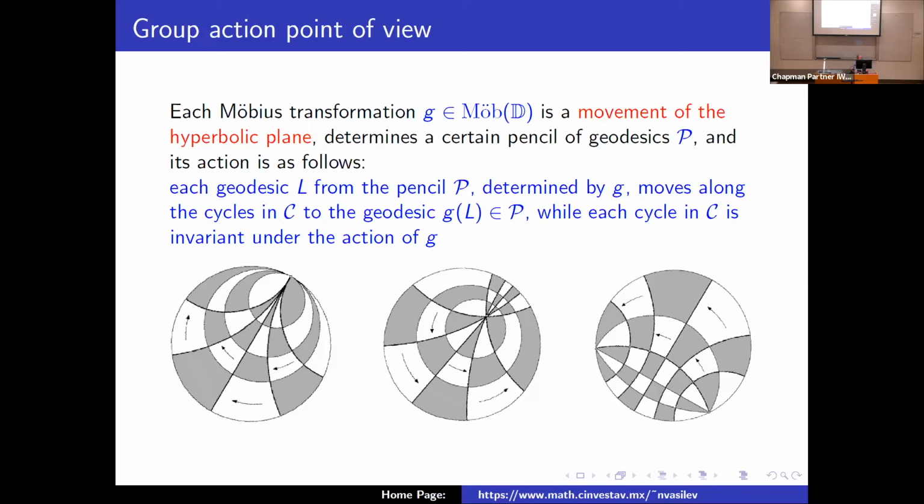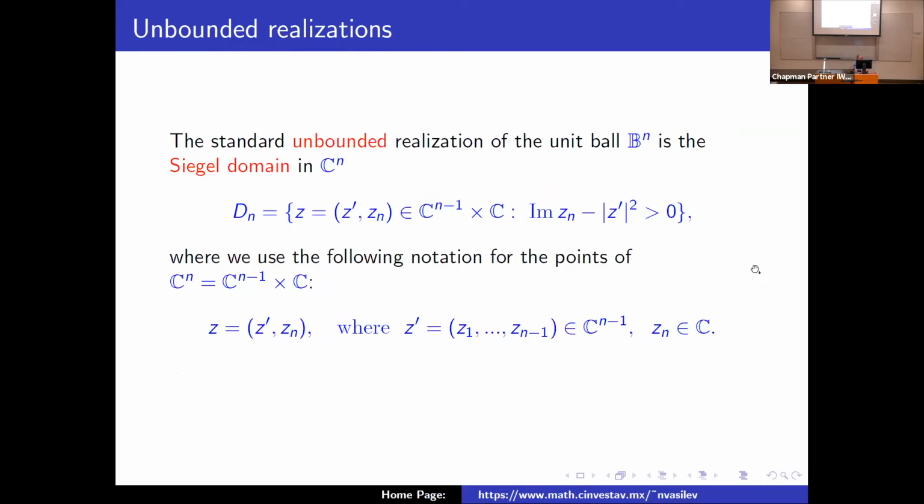To the unit ball, one needs to consider the unbounded realization of the unit ball, this well-known unbounded Siegel domain, defined as written on this slide. We have a first bunch of variables and the last one, and the point belongs to the Siegel domain if this restriction is satisfied.